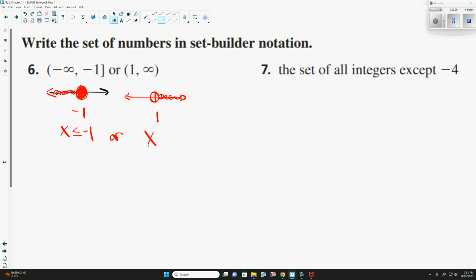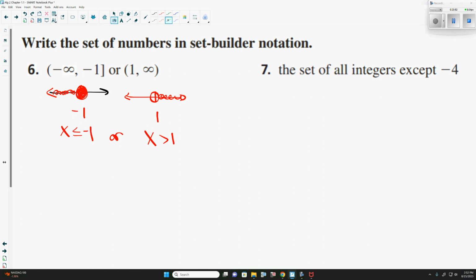And as an inequality, we would say what? x is greater than 1. We wouldn't use equal to because it does have a parenthesis. Parenthesis is not equal to. So we have these two here, yes? Now, I wrote them side by side. You can write them however you want.